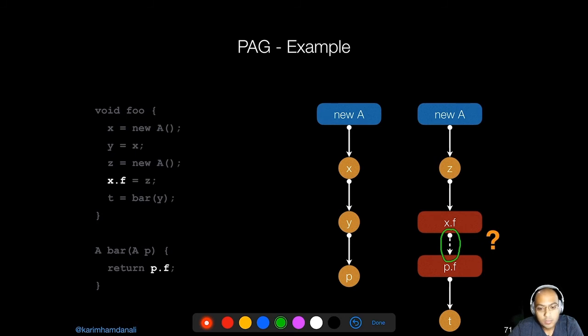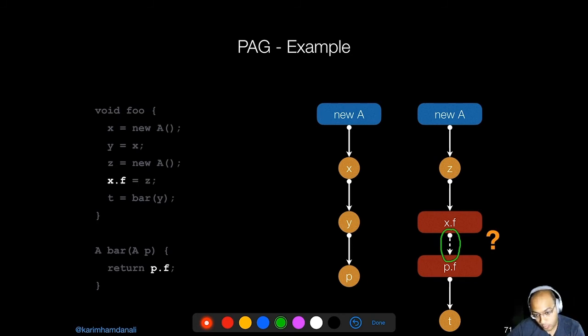And then we call bar y, okay. And y.f flows to p.f. Yes, exactly. So indeed, it is going to be true.